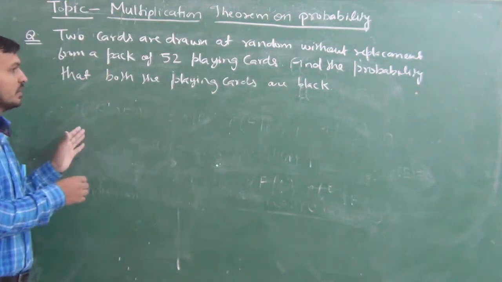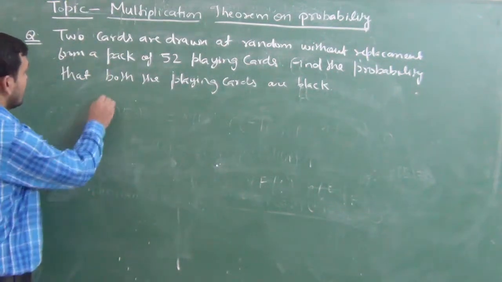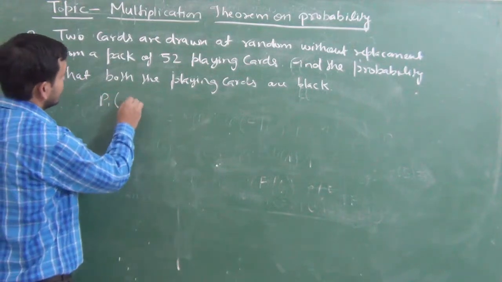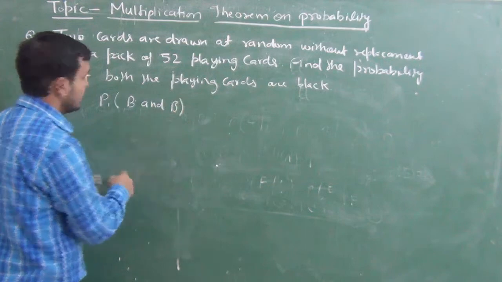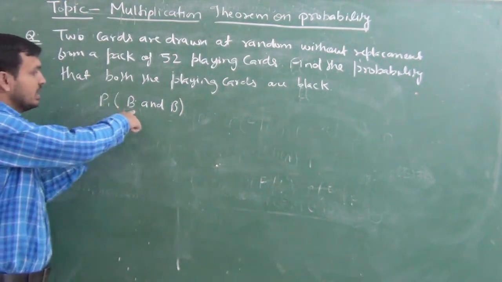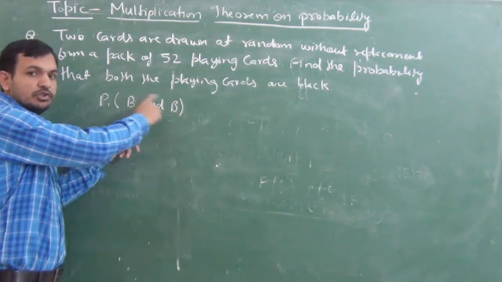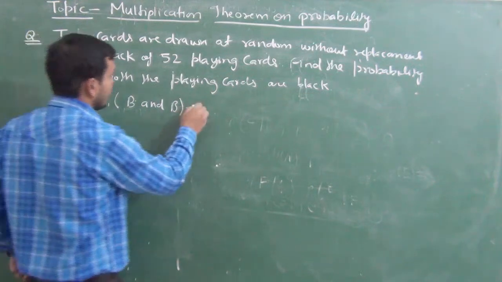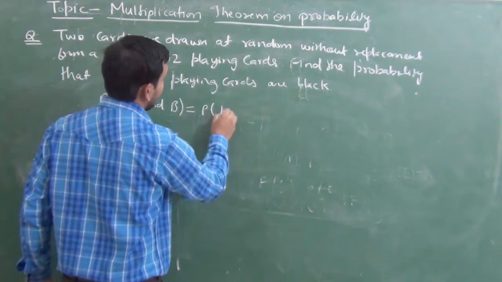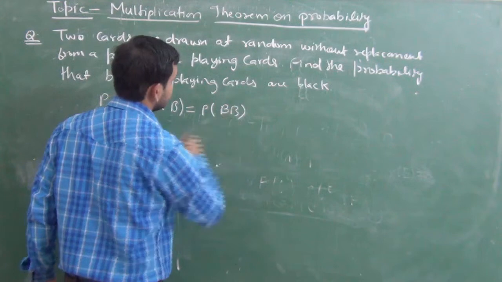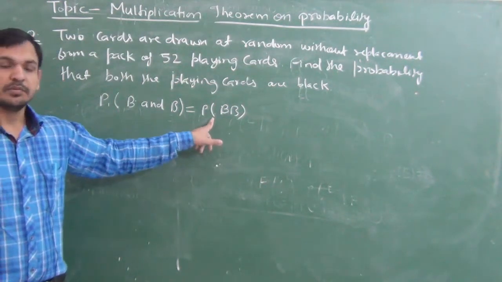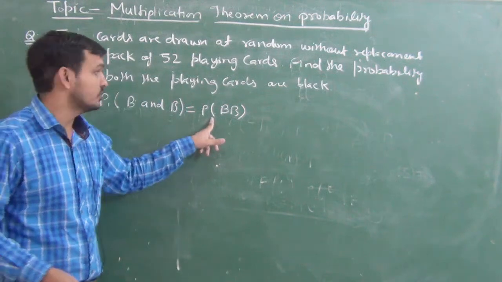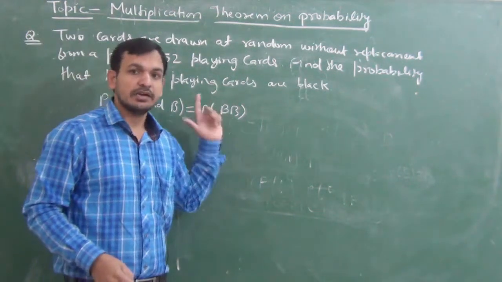So here we have to find the probability of B and B. It means we have to find the simultaneous occurrence of two black cards.